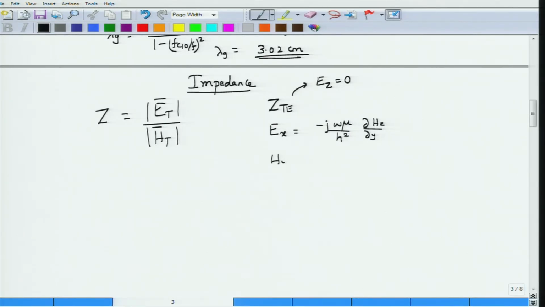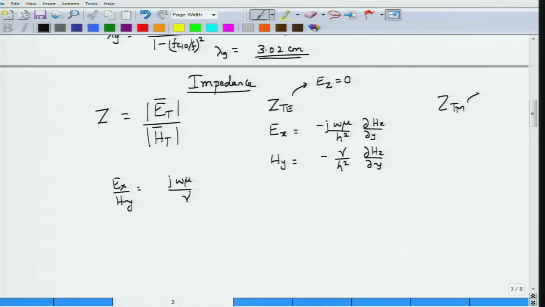You will also find the corresponding Hy component to be equal to minus gamma by h square del Hz by del y. Now, you take the ratio of Ex to Hy, and what you find is that the minus sign will cancel, del Hz by del y will go away, and what you are left with is j omega mu divided by gamma. So, this is your ZTE.